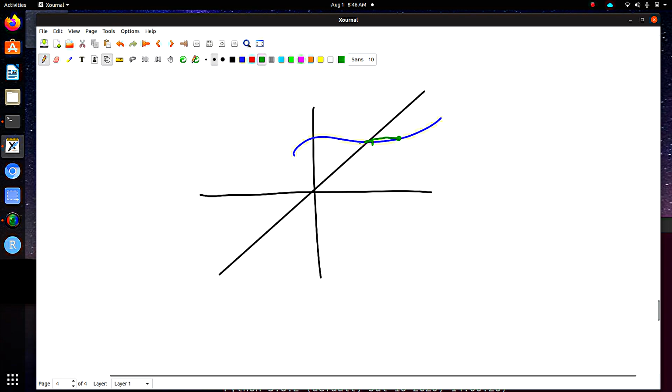But if instead I had this kind of situation, the cobweb is going to push me away. So I'm going to try to go up to the function, over to the line, up to the function, over to the line. Even if I'm on the other side, it doesn't matter. It's going to go, here's the function, I'm going to go over to the line, function, line, function, line.